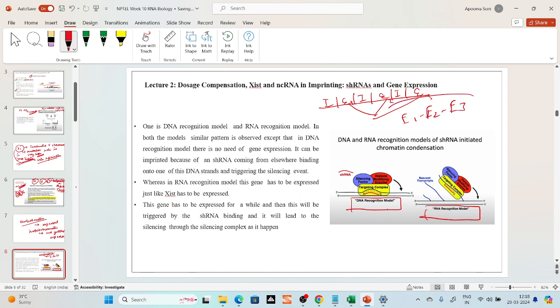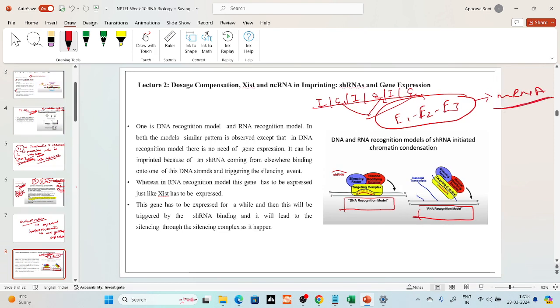That means we only have those regions which are getting expressed in mRNA. So RNA contains the regions which are going to be expressed, whereas DNA has both the regions which are going to be expressed and which are not. So this is the difference between the two models also, DNA recognition model and RNA recognition model.